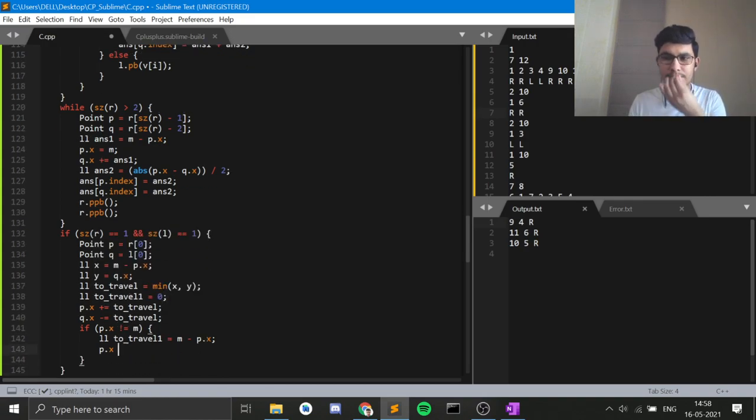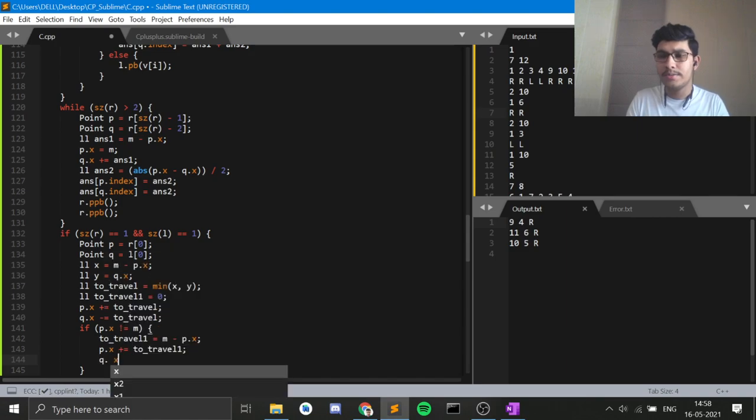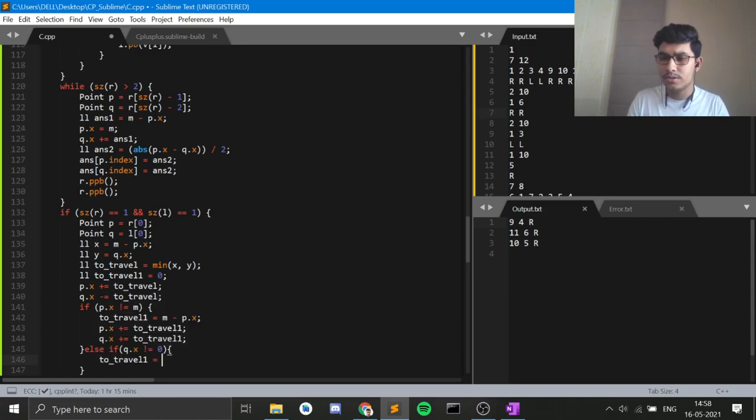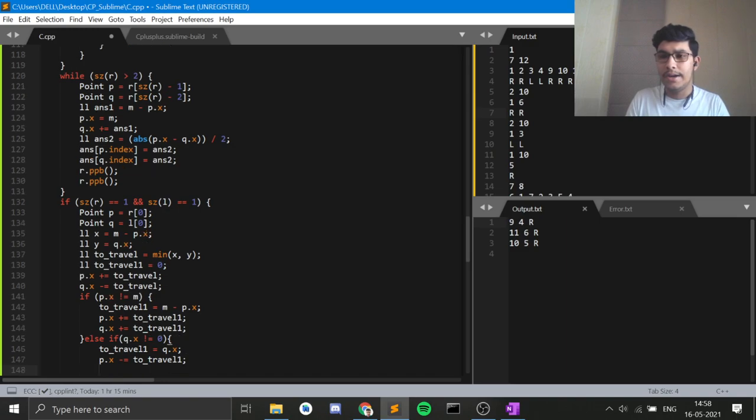Right, P dot X plus equals 2 travel, and Q dot X plus equals 2 travel. Similarly, else if Q dot X is not equal to 0, then what do you do? 2 travel 1 equals Q dot X, P dot X minus equals 2 travel, and Q dot X minus equals 2 travel 1, right?